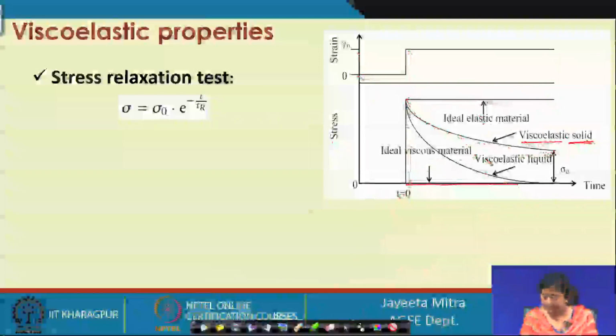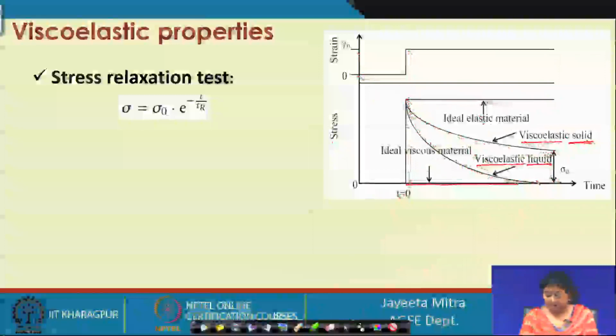If it is a viscoelastic liquid, that means the viscous component is in high degree, then the curve will decay exponentially to a higher degree compared to the viscoelastic solid and eventually come to 0 stress.